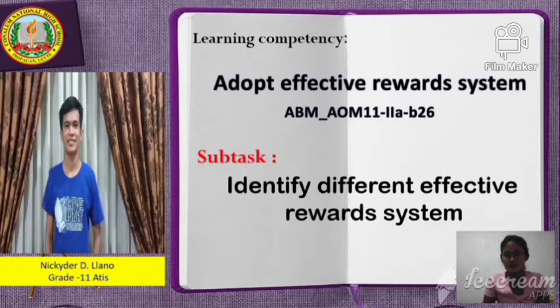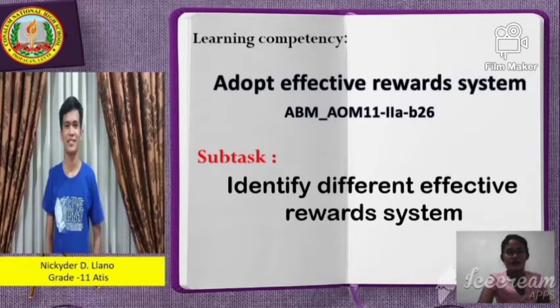So what is this objective all about? We will only be talking about the different types or kinds of reward systems instead of discussing their advantages and disadvantages. We will focus on knowing the different reward systems.